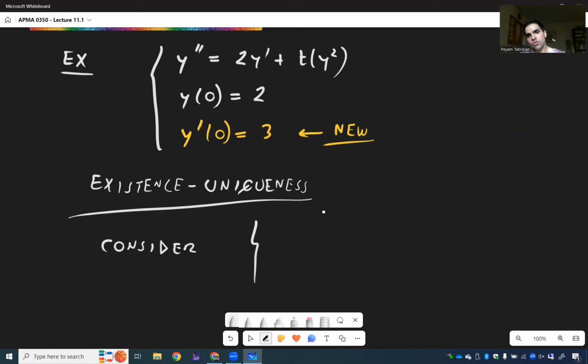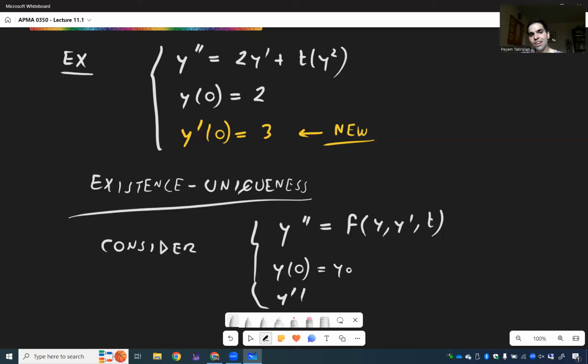So consider, as usual, y double prime is any function of y, its derivative, and t, with initial position y naught and initial velocity v naught, where again those y naught and v naught are given.